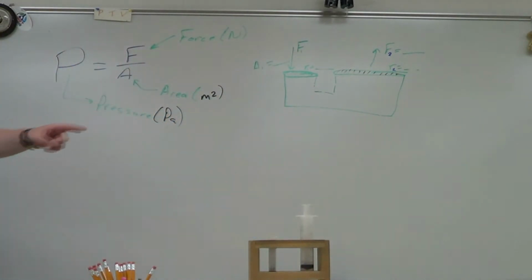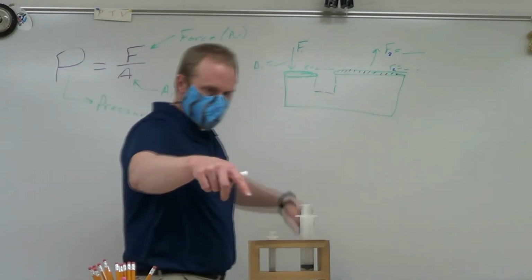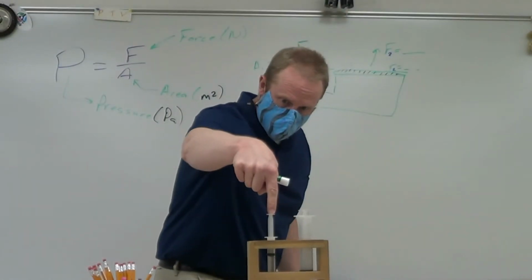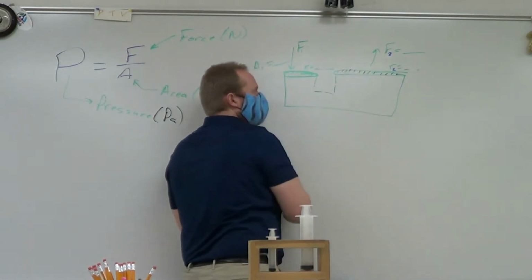Okay? So my picture shows a cylinder that if I push down on the little cylinder, what's going to happen is my big cylinder is going to get pushed up.